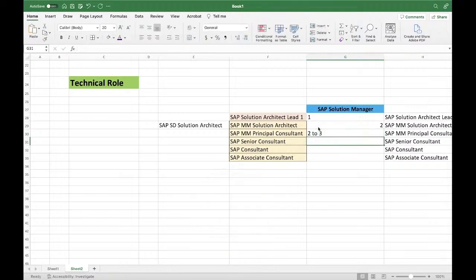In senior consultants, maybe in a company, I'm taking like a high level organization, you may see that senior consultants may be 5+.